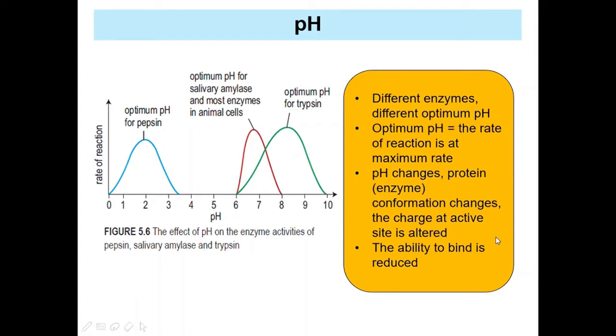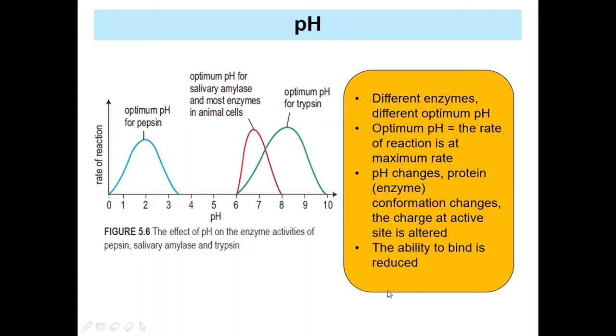Maksudnya kalau ada perubahan dalam pH value tu, akan menyebabkan berlakunya perubahan charge pada active site of the enzyme. So this will lead to reduced ability of the enzyme for binding with the substrate.